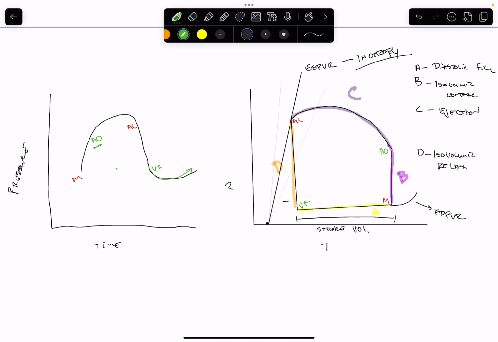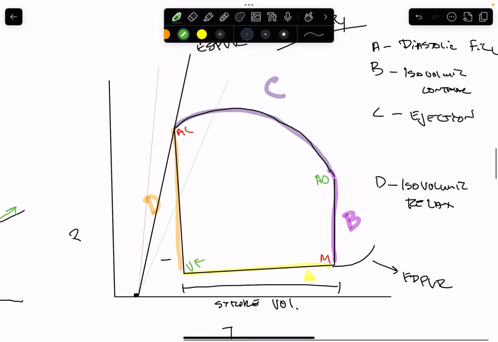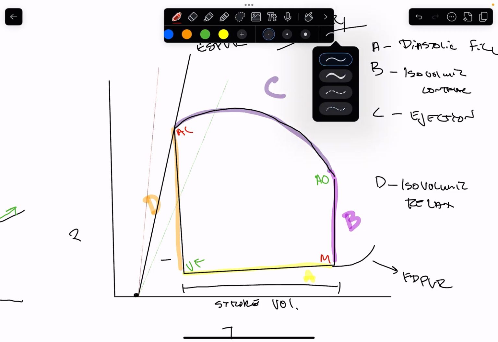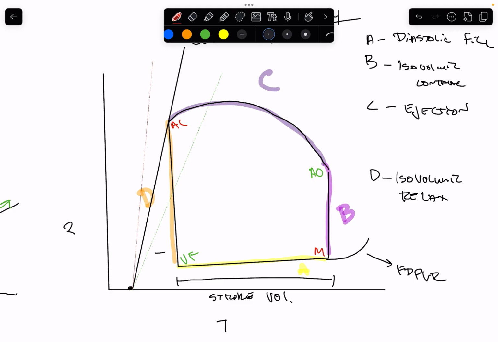It's kind of hard to see, but those are those little red and green dotted lines. And so what we're going to see here is when you increase inotropy, it changes how this diagram looks.